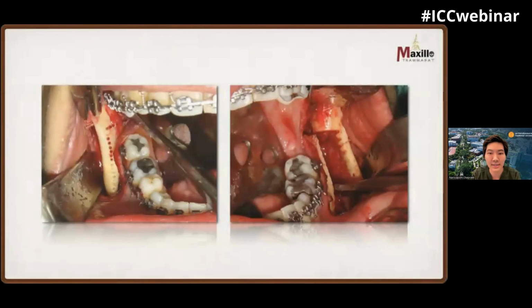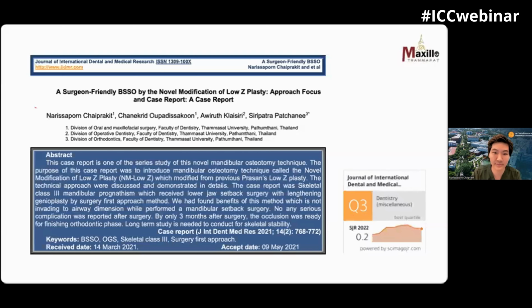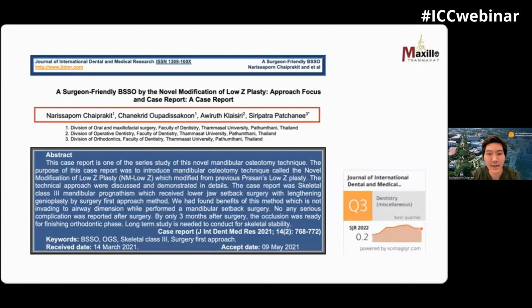In addition, there was bony interference at the proximal segment, which the blue arrow points to. So I consulted and discussed with Dr. Prasan to modify the ROSI technique. I tried many modifications until I reached the solid technique called the NM-LowZ technique.